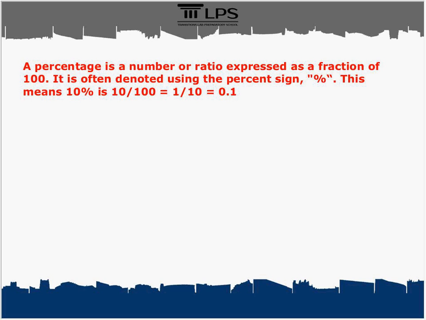This is the sign that we use to represent it. It means that if I say 10%, then I can express it as 10 upon 100. Since the zeros can cancel, it will become 1 upon 10, and 0.1. Most students know this.